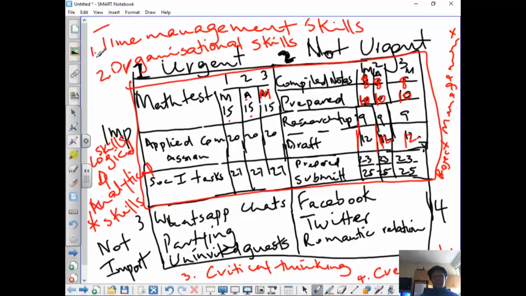And as much as you might think that it's not necessarily important for you to write about quadrant 3 and quadrant 4, it is important to showcase them in this management matrix. Why is it important? Because these are the things that occur in your lifestyle.